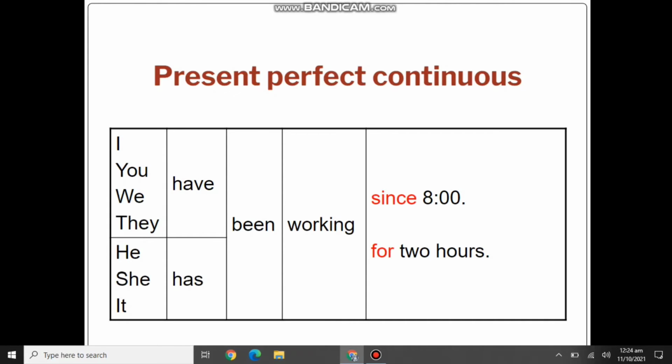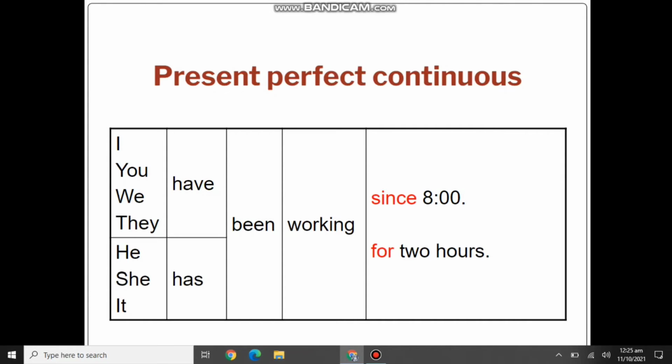Now, I have been working since 8 p.m. Now when I write 2 hours, then we use for. I have been working for 2 hours. In 2 hours we don't know the exact time, but in 8 p.m. we know the exact time.